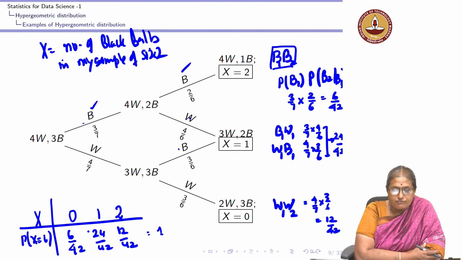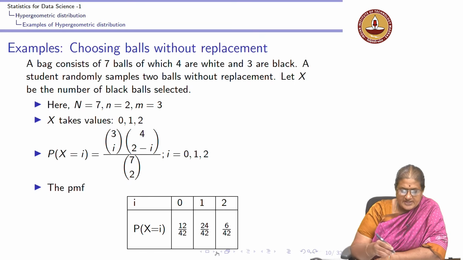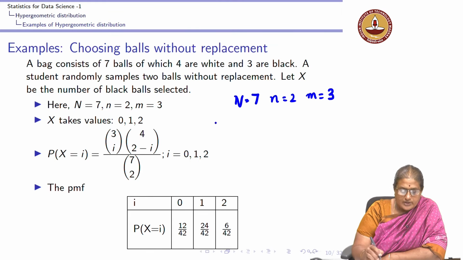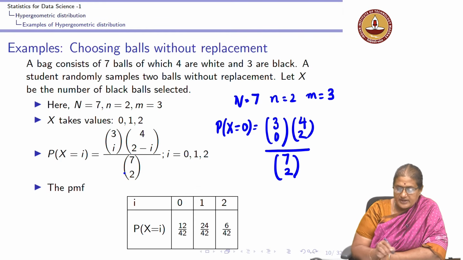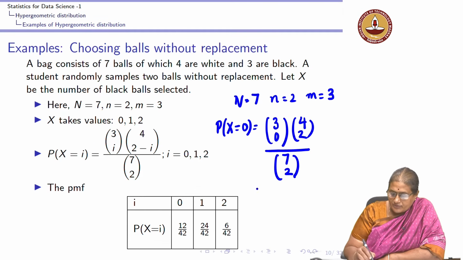Now, if I apply the formula, in this case I have capital N equal to 7, small n equal to 2 and M equal to 3. So, the probability of X taking the values 0, 1 and 2: X equal to 0 is going to be 3 choose 0, into 4 choose 2, divided by 7 choose 2, because this is my capital N. I am just applying the formula, which is going to be 3 factorial by 0 factorial into 3 minus 0 factorial.